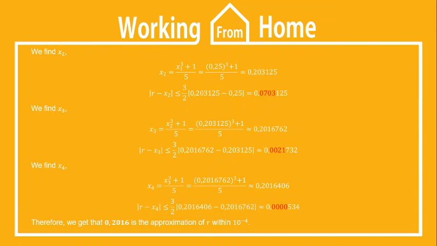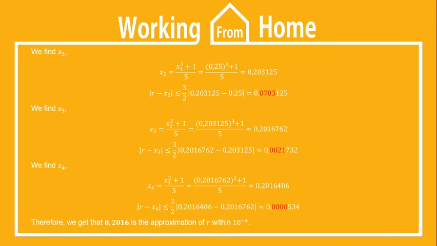Okay, first we find x2. We input x2 equals (x1^3 + 1)/5. We input x1 equals 0.25 in there and we get 0.203125.